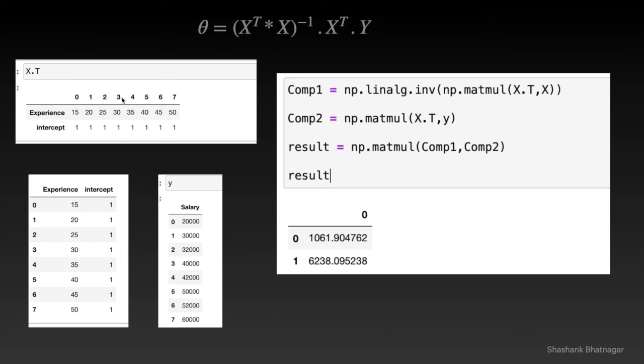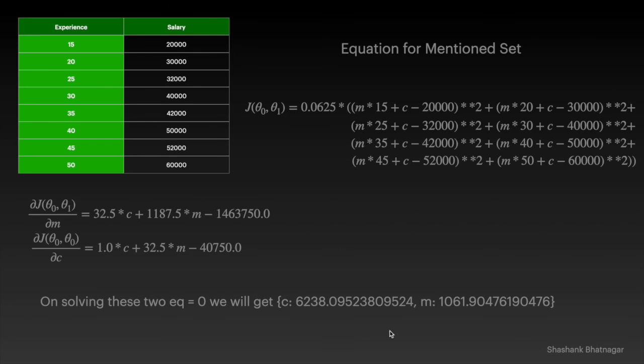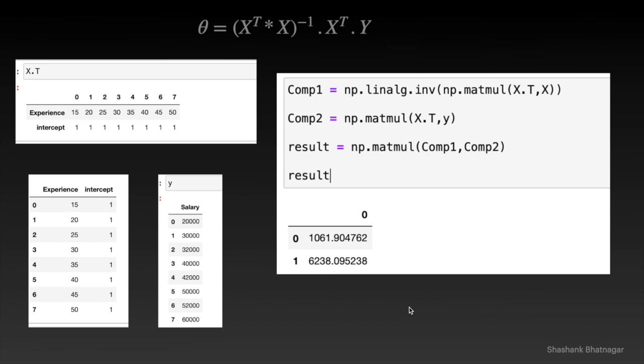We multiply it with X, then take the inverse of this product, multiply it with X transpose, and then multiply it with y. Once we do this, we will get the same result. X naught will be the constant value and x1 will be the m value, the slope value, which we can see is the same as the result from the differentiation method.